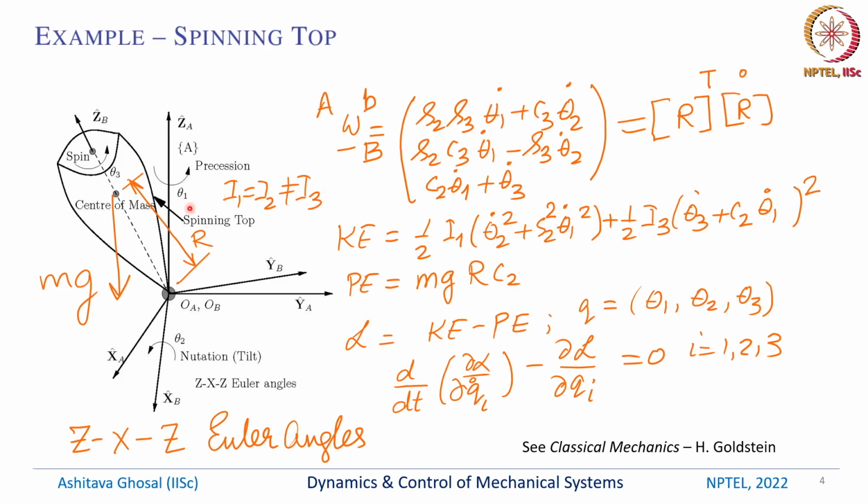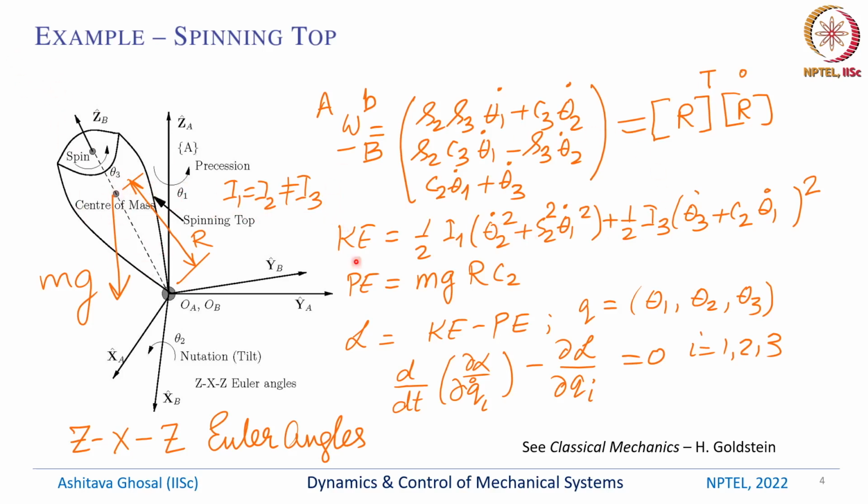To obtain the kinetic energy, we need to know the inertias Ixx, Iyy, Izz. These are denoted by I1, I2 and I3. In this example, for a top, I1 is normally equal to I2, which is not equal to I3. I3 is about the Z axis.